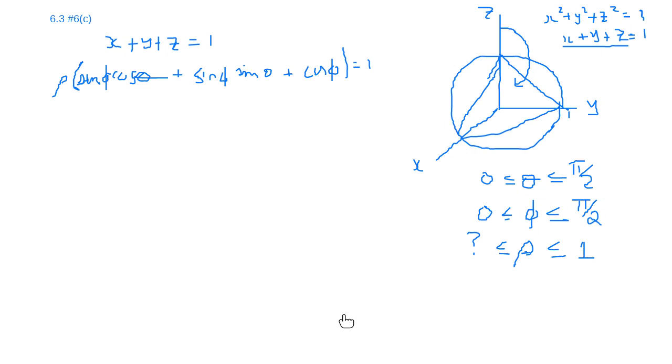That's equal to 1. So solving for rho, you'll get rho equals 1 divided by that long expression. There's your question mark.